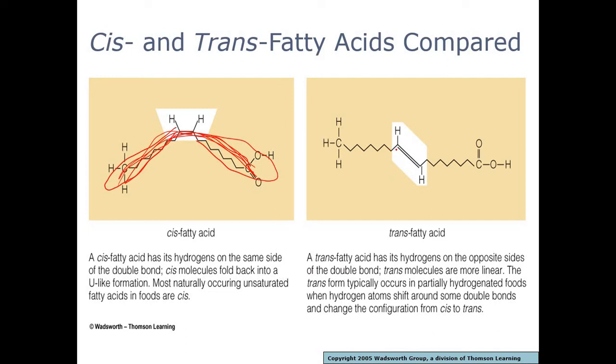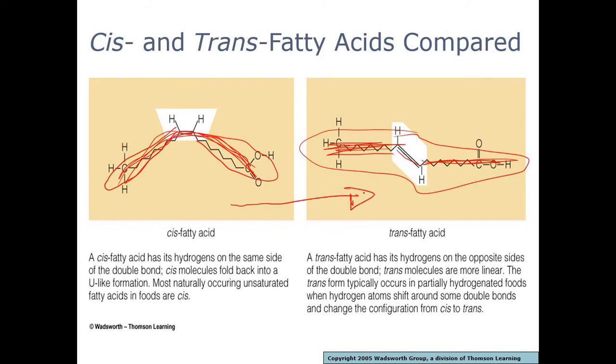Kay ang trans, because it's on the opposite side of the double bond. They are on the opposite side of the double bond. So they are more linear if you compare that with this one. So in partial hydrogenation, you just convert the cis into trans. That's what happens in partial hydrogenation.